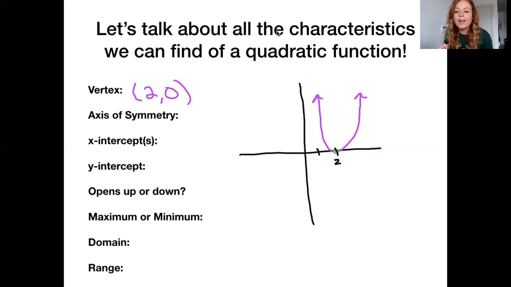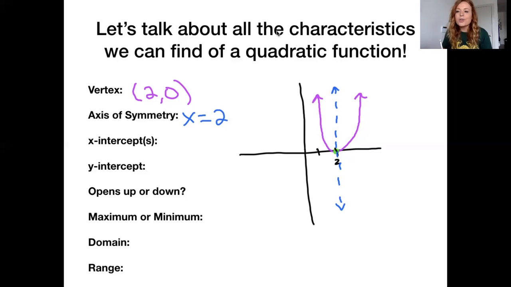The axis of symmetry is an invisible line, so I'm going to dash it, and it's a vertical line. When we learned HOY VOX earlier in the year, the V stands for vertical, which means it has an x equals a number equation. It's the x value of the vertex that it cuts through, so it's x = 2.